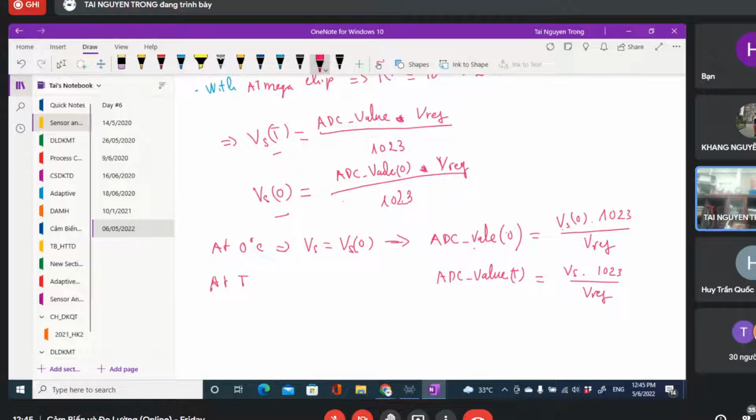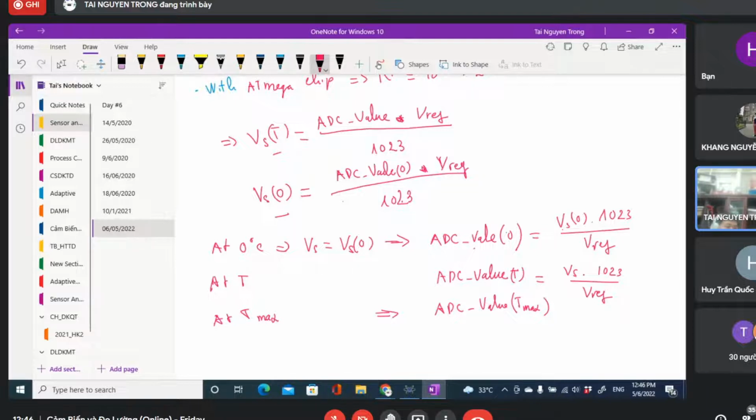It will be linear, ADC versus T. Then we add the value of Tmax, and we will have the ADC value at Tmax.